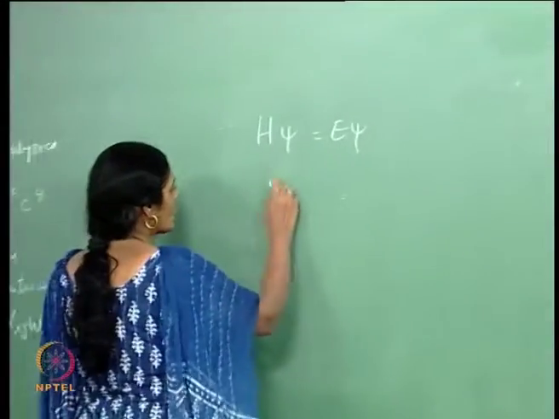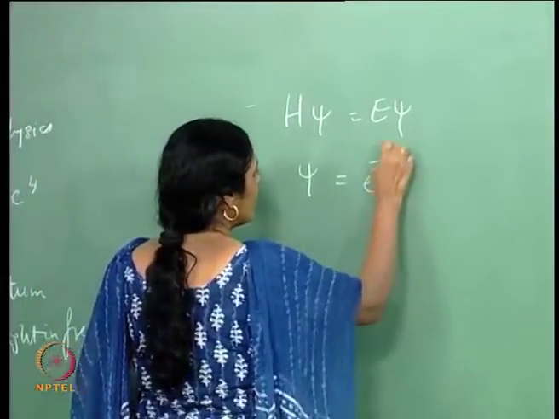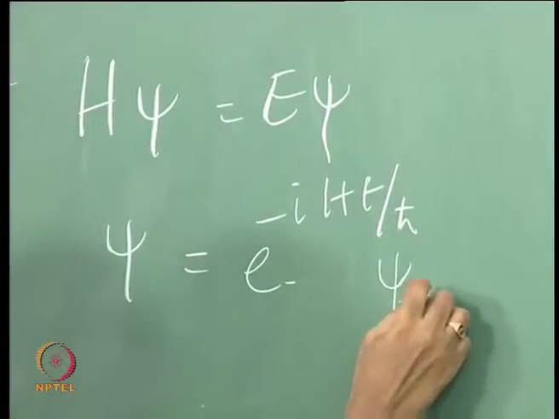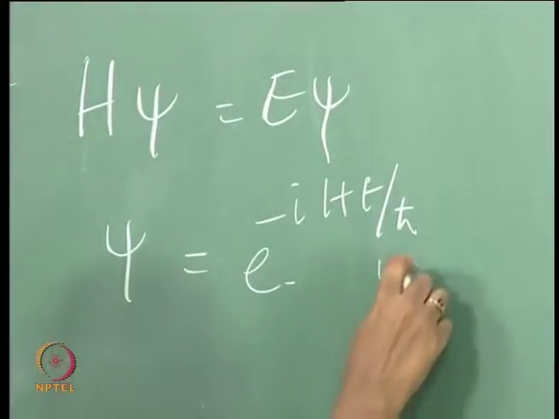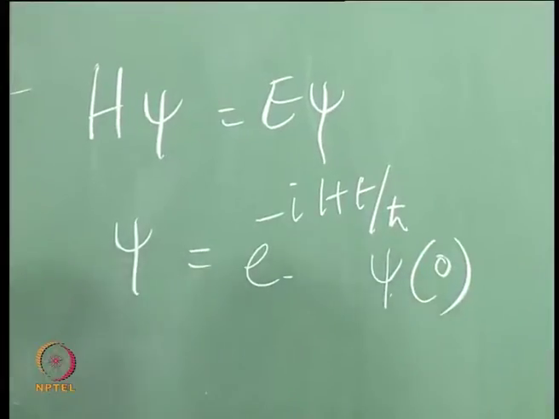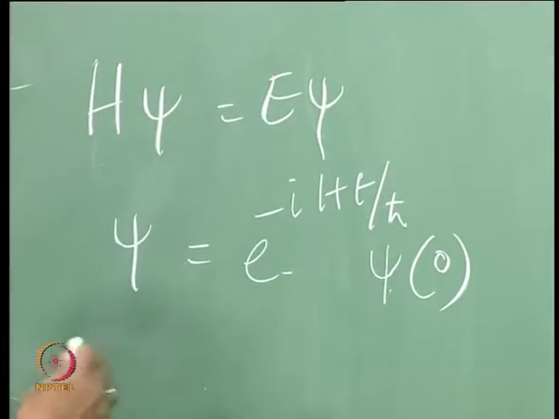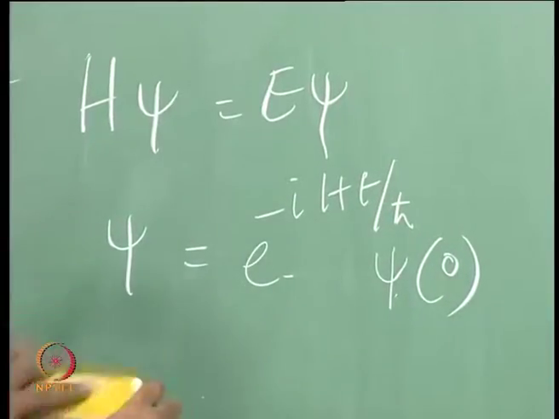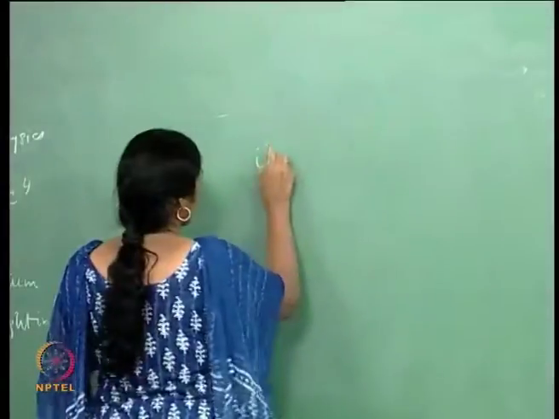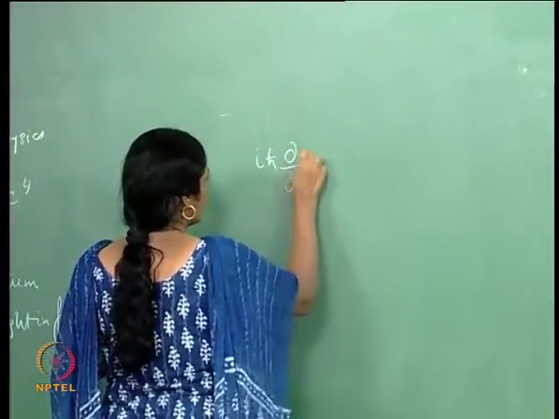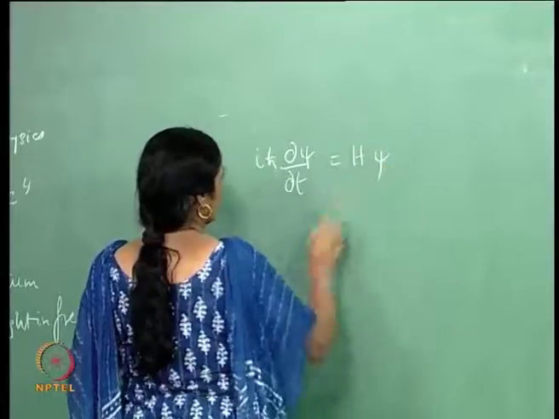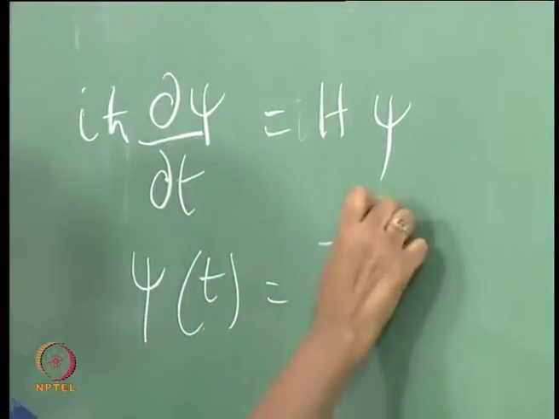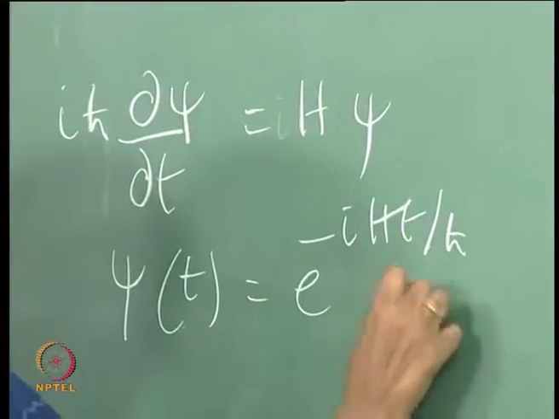So the formal solution for ψ is e to the minus iHt by h cross ψ(0). So let me look at the Schrodinger equation itself. iħ ∂ψ/∂t is Hψ, and therefore the solution is ψ(t) is e to the minus iHt by h cross ψ(0).